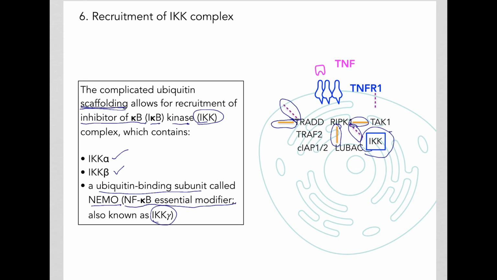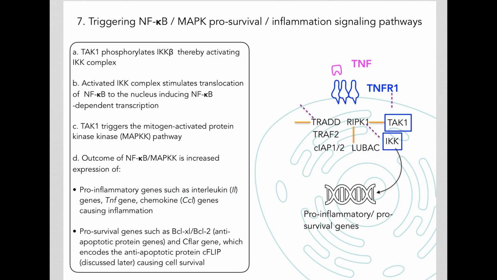So take-home message here is now this ubiquitin chain allows IKK to attach to this complex. What happens in the next step? The TAK1 kinase activity of this protein will now phosphorylate IKK beta present in the IKK complex, and this phosphorylation is going to activate the IKK complex.